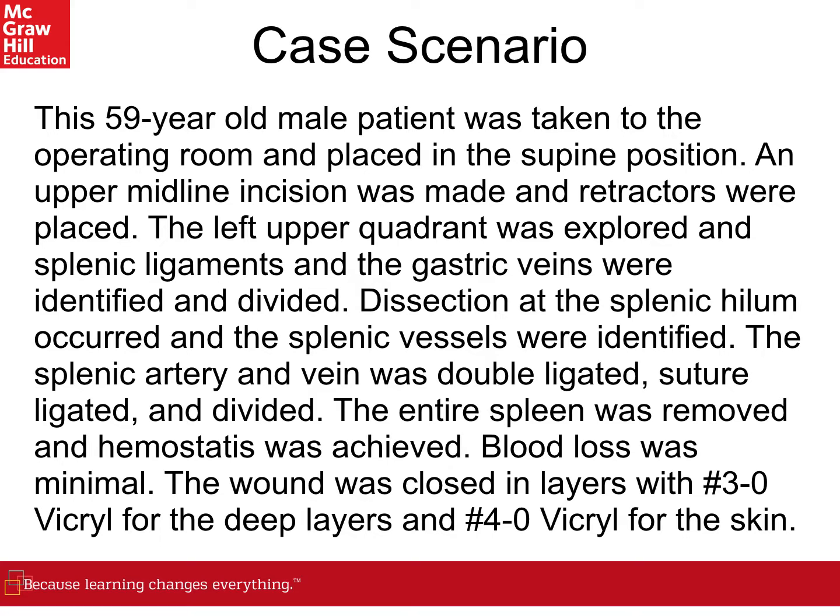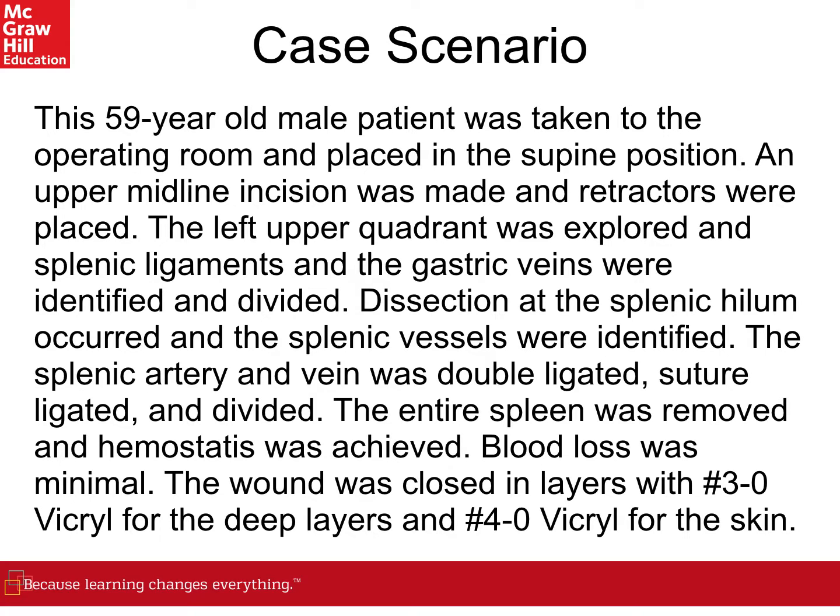This 59-year-old male patient was taken to the operating room and placed in the supine position. An upper midline incision was made and retractors were placed. The left upper quadrant was explored, and splenic ligaments and the gastric veins were identified and divided.